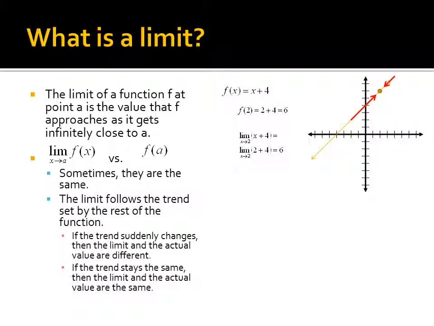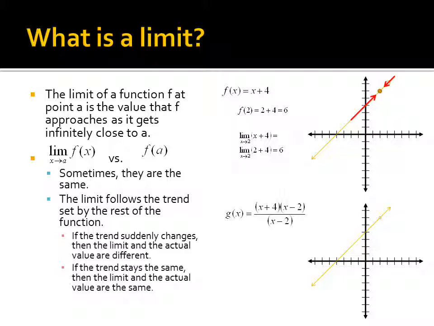And so, not surprisingly, we can just substitute the value of 2 into the function, calculate everything, and get the limit equaling 6. So in this case, the limit is 6 and the function is 6. In other words, the limit and the value of the function are the same thing. And this is true because, as I said earlier, the trend stays the same. In other words, the point f of 2 continues the trend set by the points around f of 2.